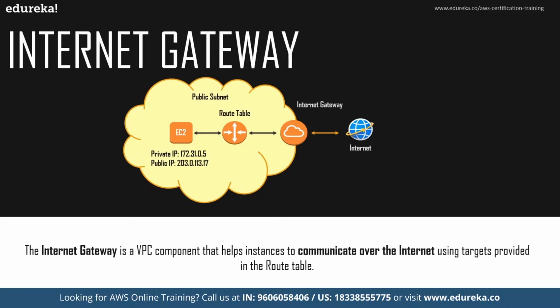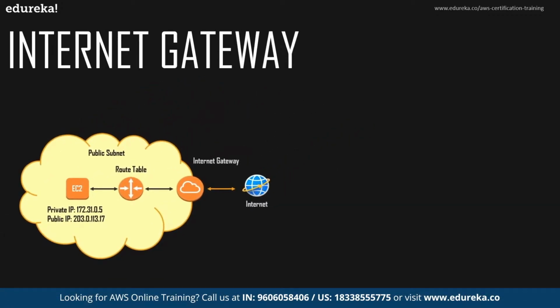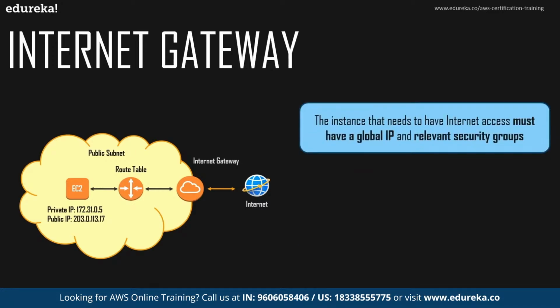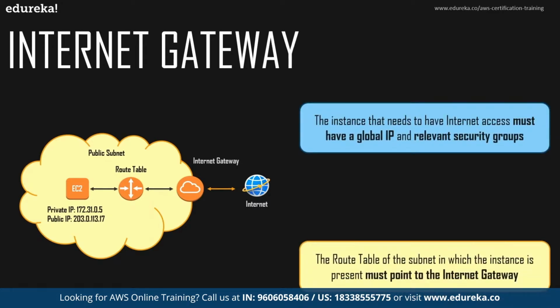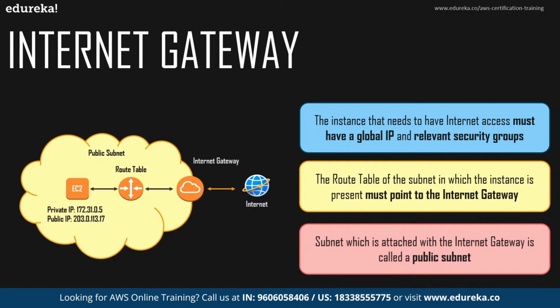For that, there is a service provided by AWS within VPC that is known as Internet Gateway. This Internet Gateway shall be linked to the subnets which we want to be connected to the internet. Thus, the Internet Gateway is a VPC component that helps instances to communicate over the internet using targets provided in the route table.